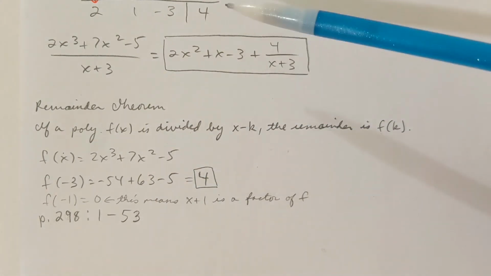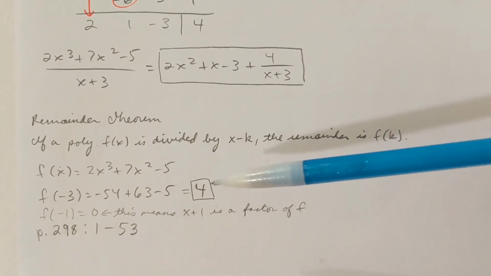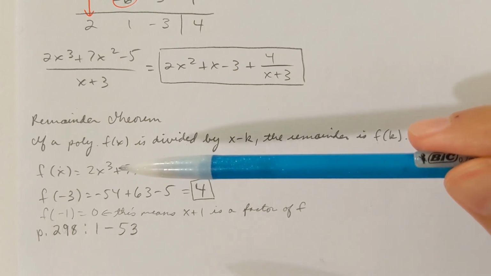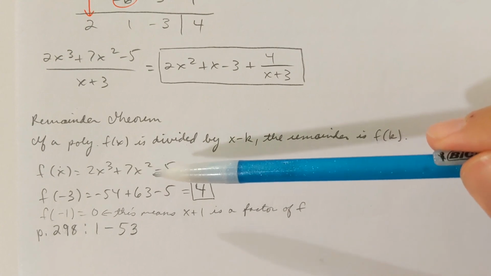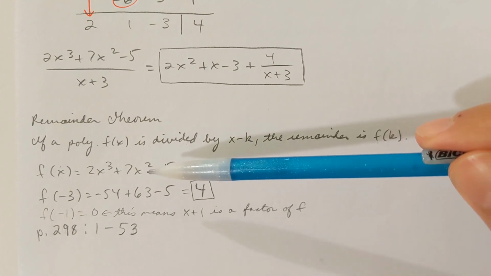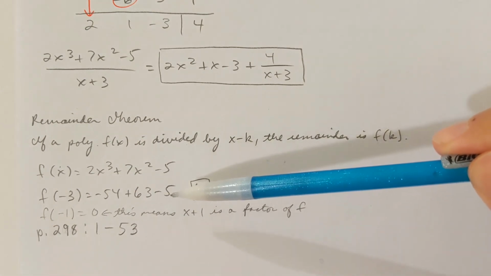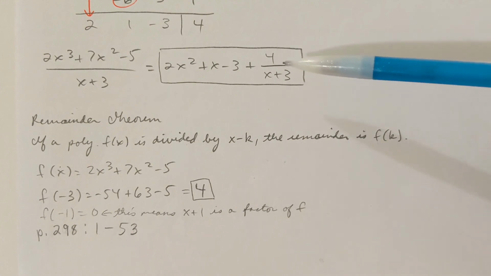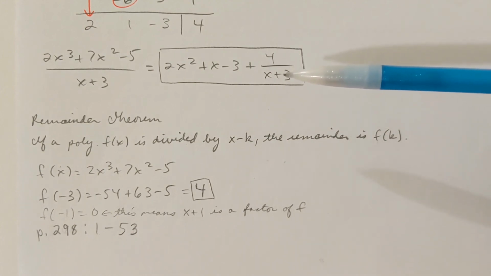Now I should get the remainder. Check it out. If I take f of negative 3, negative 3 cubed is negative 27 times 2 is negative 54, plus negative 3 squared is 9 times 7 is 63, minus 5. Negative 54 plus 63 is 9, minus 5 is 4. And 4, yeah, that's exactly what I get when I divide regularly.